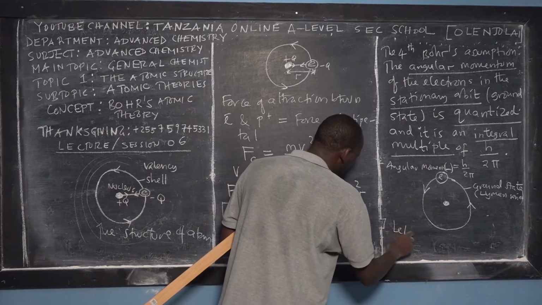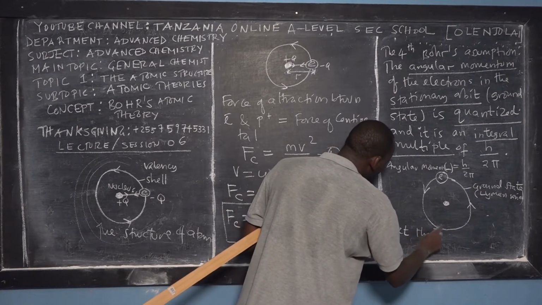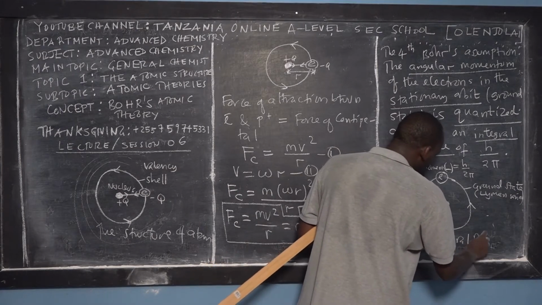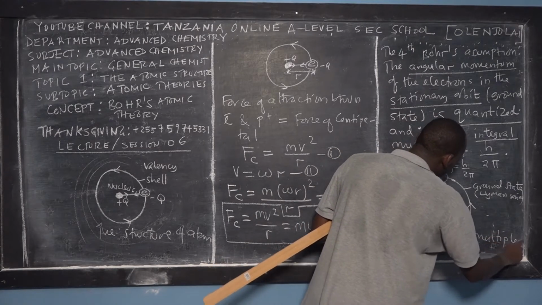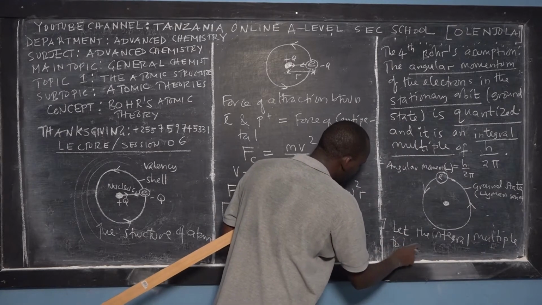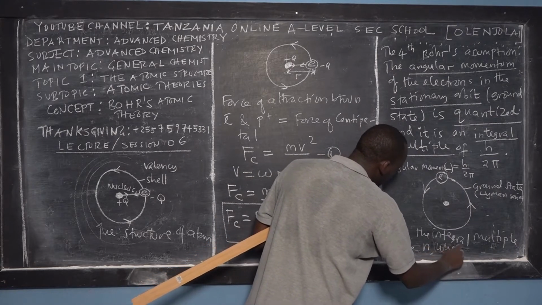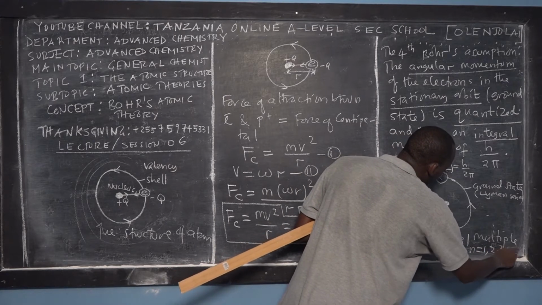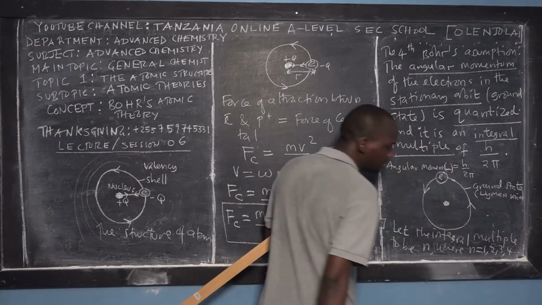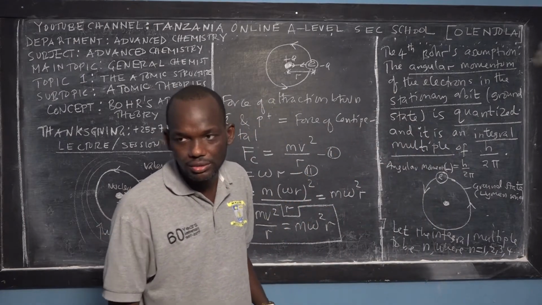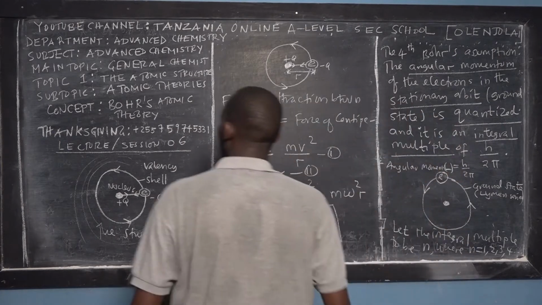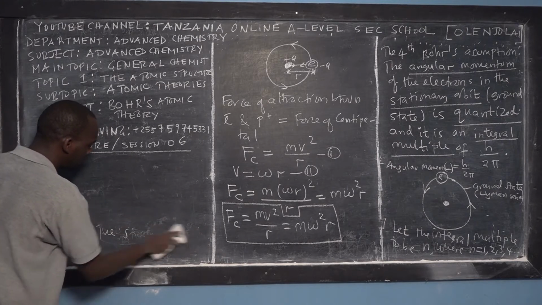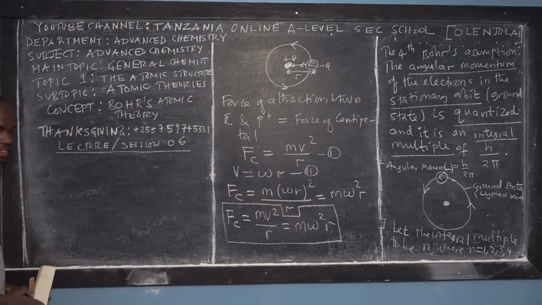So in chemistry, we say let the integral multiple be n, whereby n is equal to 1, 2, 3, 4. These we call counting numbers in mathematics, right? So if that's the case, the first Bohr's atomic assumption we can write like this.